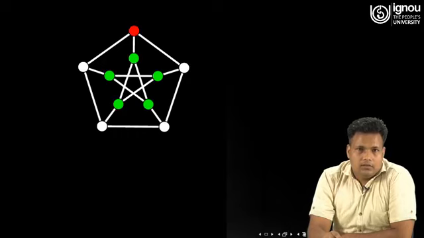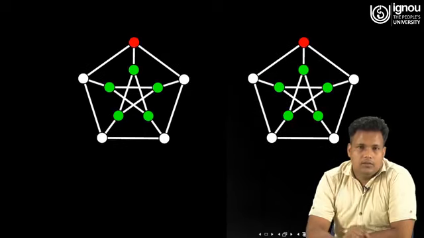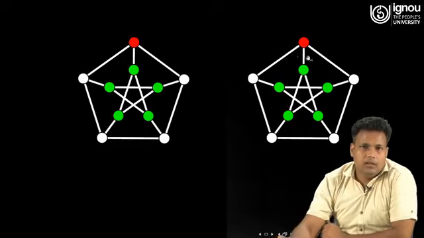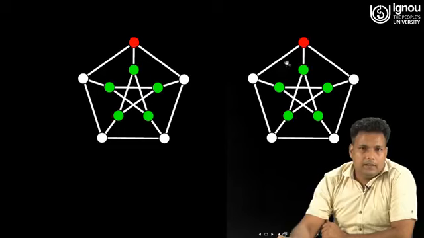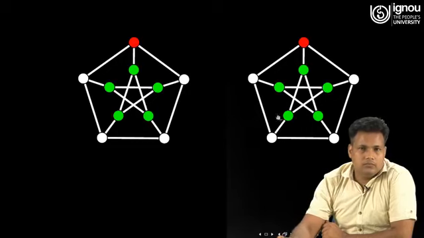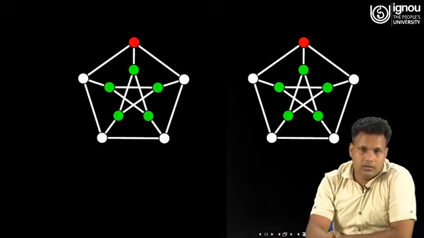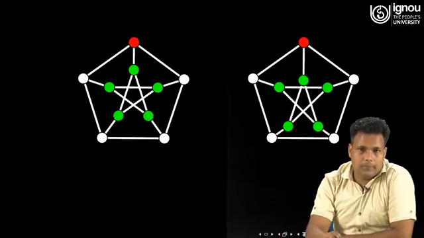So let us just copy this on the right, and now we shall move the vertices here to get another graph which is an isomorphic copy of this graph without changing the adjacency relations. So just follow these movements.